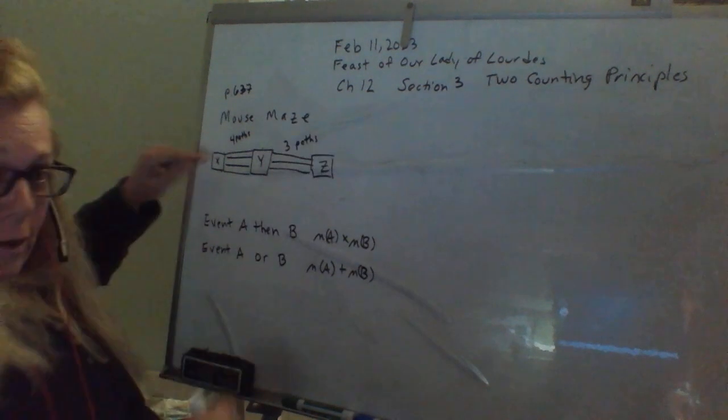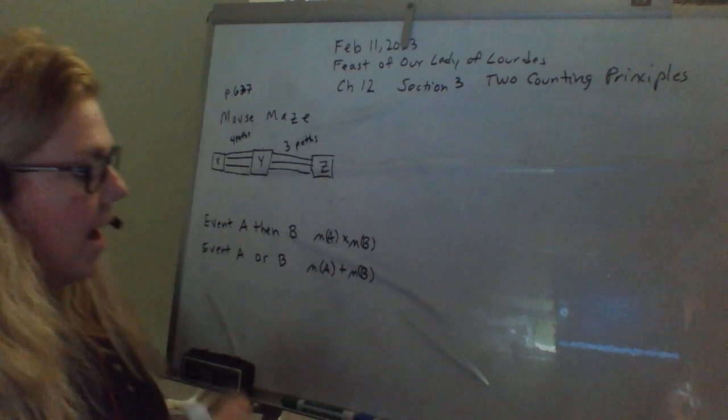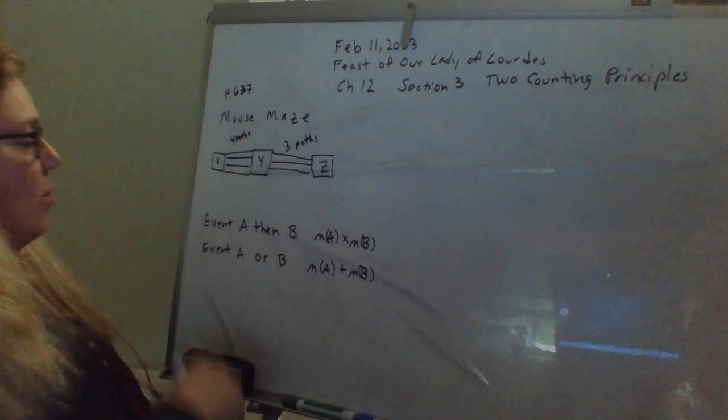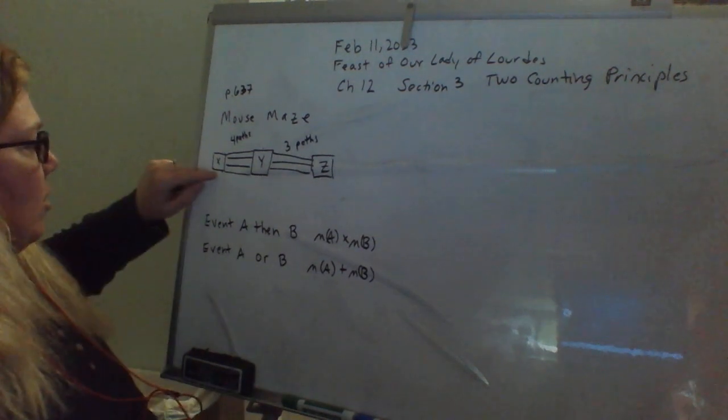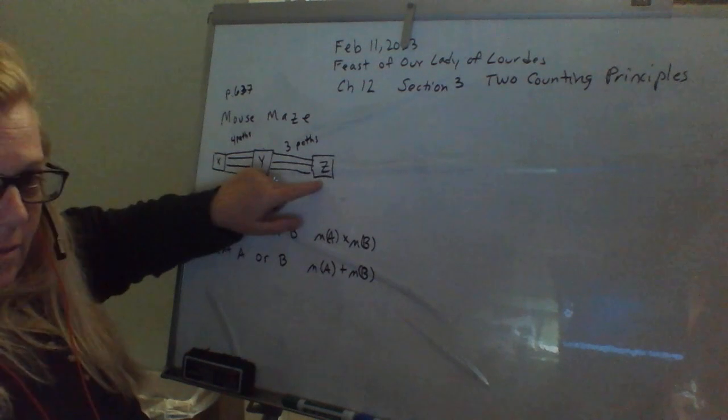If I put a mouse in box X, and I said to you, how many ways could this mouse go from box X to box Y and then box Z?